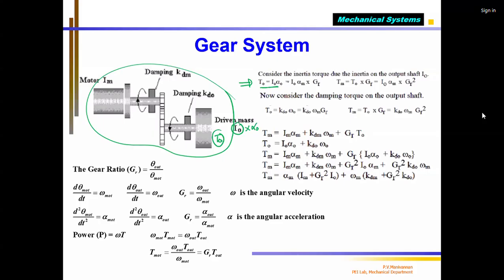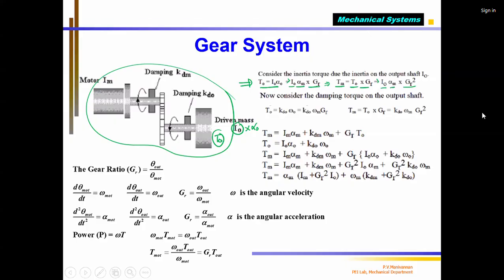That can be further written as I naught into alpha m multiplied by gear ratio. Correct? So from this, I can write that Tm, the torque of the motor, equals T naught, the torque required, multiplied by gear ratio, which can be written as I naught into alpha m into gear ratio square.